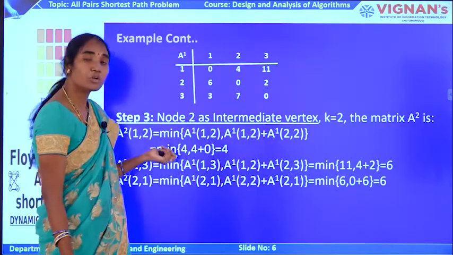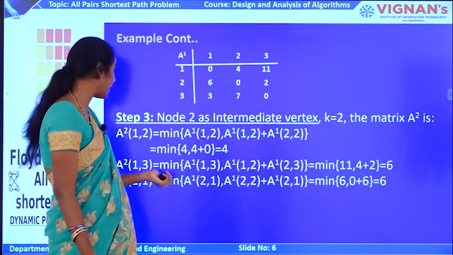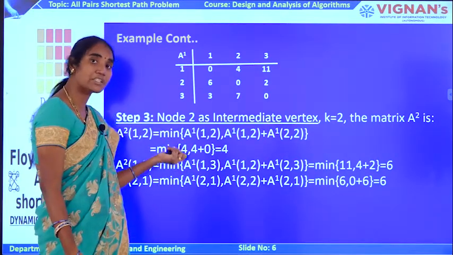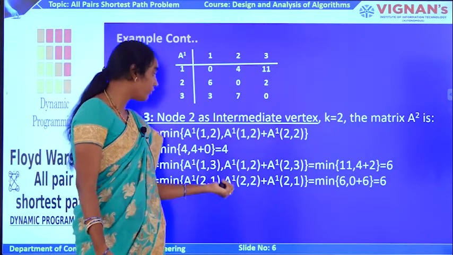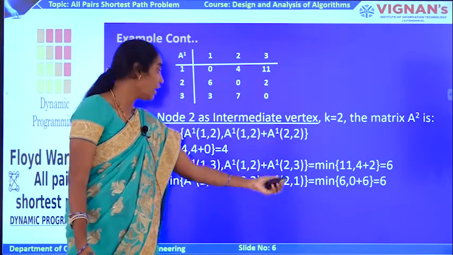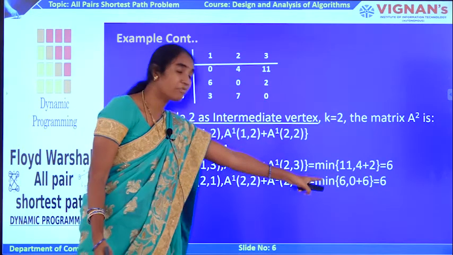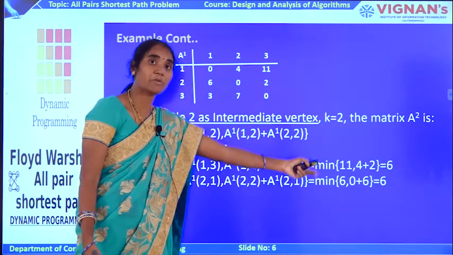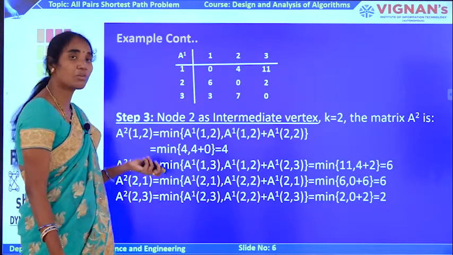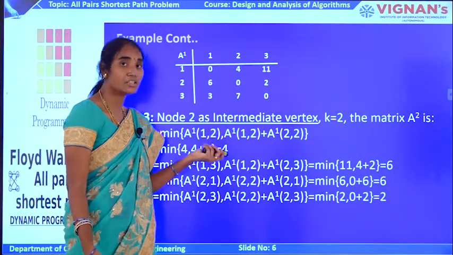Now a2 of 2 comma 1 means again the minimum of a1 of 2 comma 1, either the direct distance in the previous a1 or else via intermediate vertex, which is 2 comma 2 plus 2 comma 1, and finally the minimum value among 6 comma 6, the minimum value alone, which is 6. So now a2 of 2 comma 3, again it will be yielded as 2.